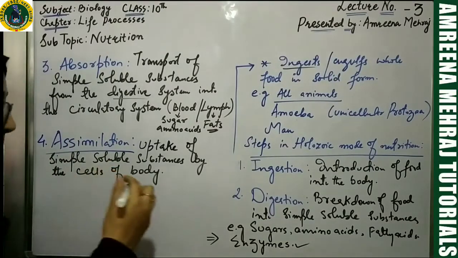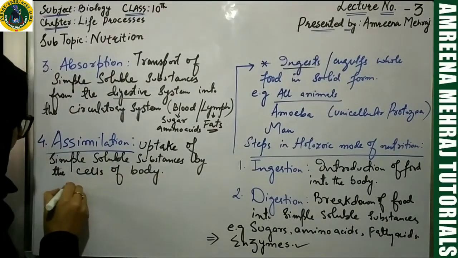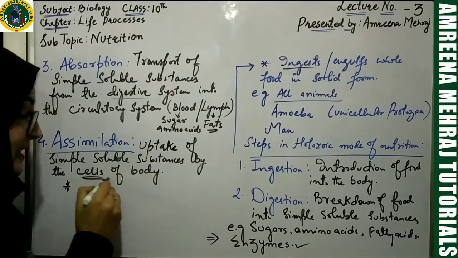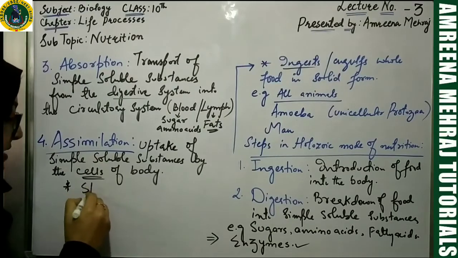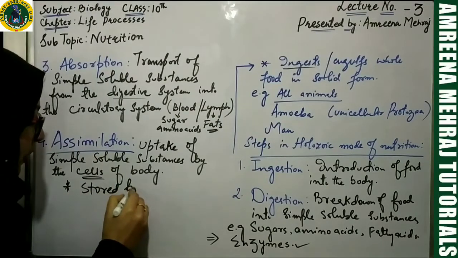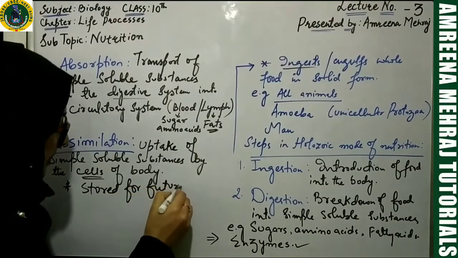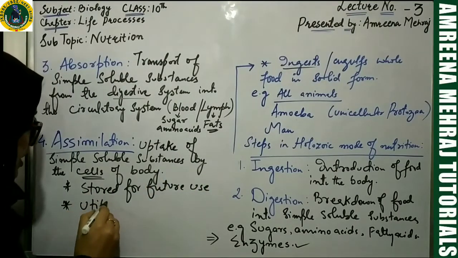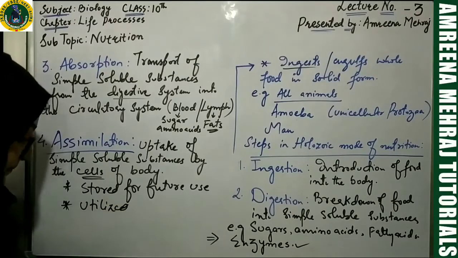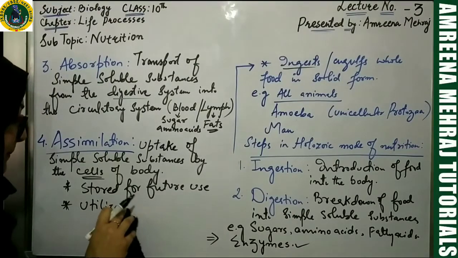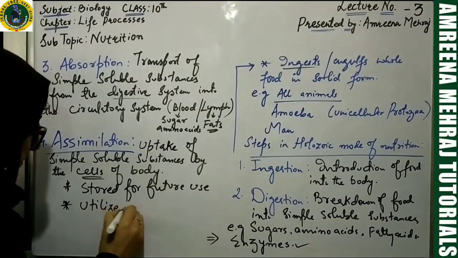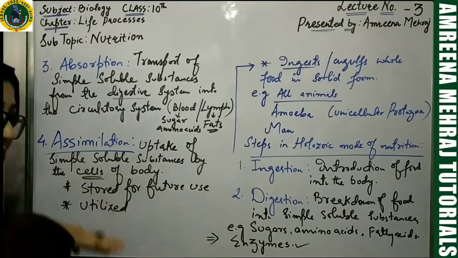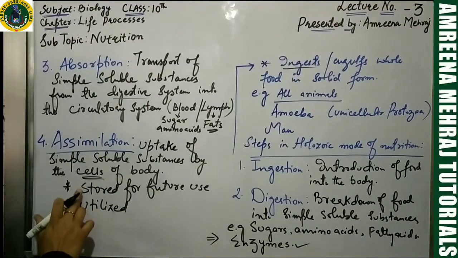Now why we call it assimilation is because inside the cells of the body, either those substances will be stored for future use, or those substances will be utilized. So what is getting done in the body cells is either utilization or storage.